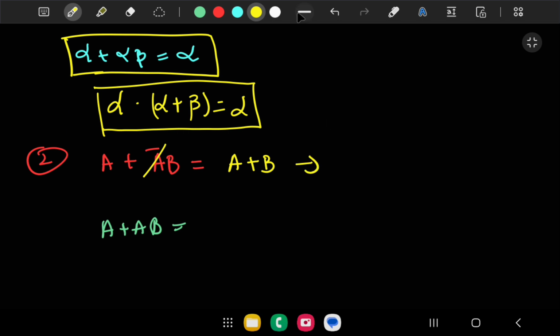And what is the proof? What is the best method to prove it? By case method again.